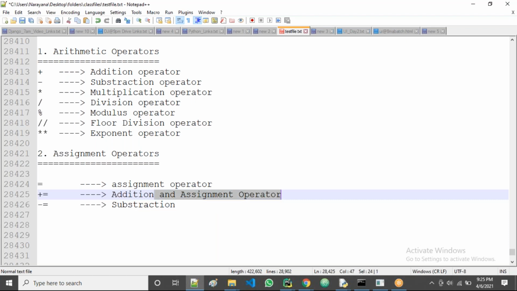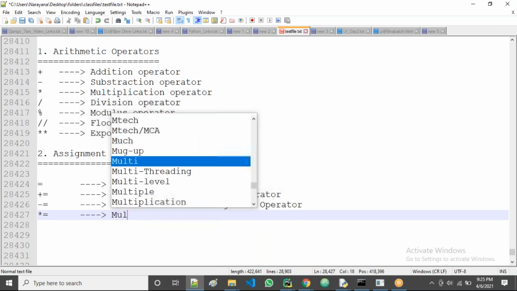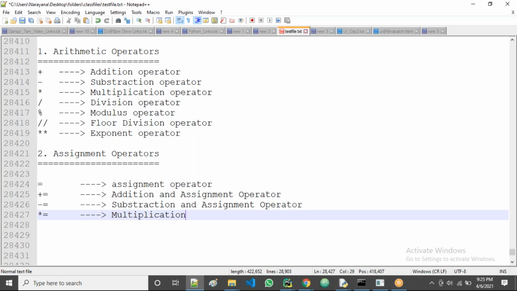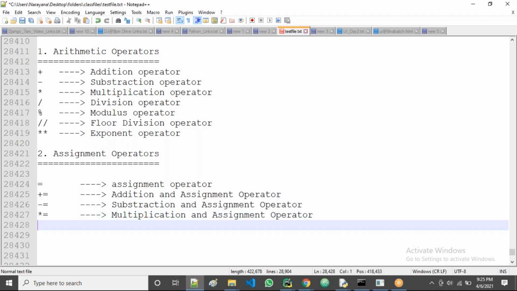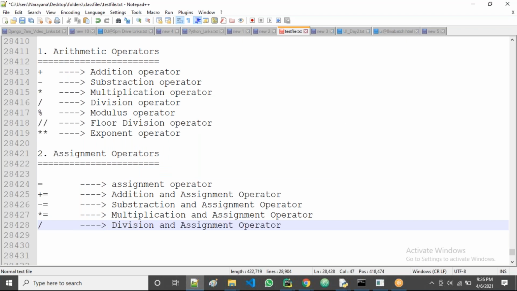Then the third one is multiplication and assignment operator, right? Next one, division, guys. So division and assignment operator.